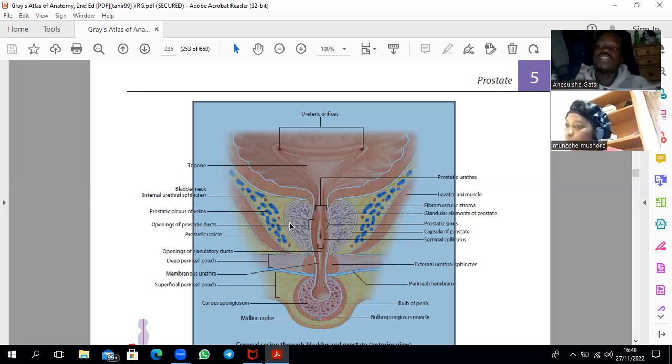Then what's left now is the middle third. The middle third depends on whether you're male or female. It's the gonadal arteries. For males, we are thinking testicular artery. For females, there is the ovarian artery.